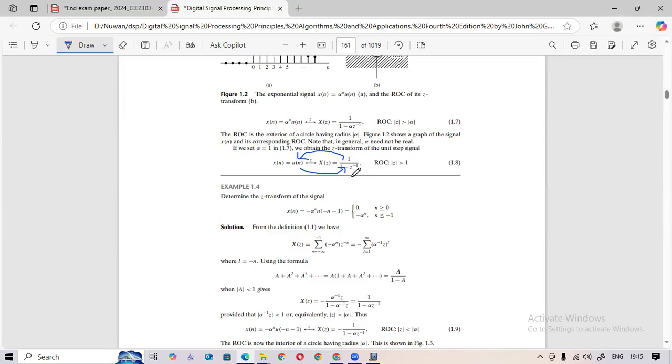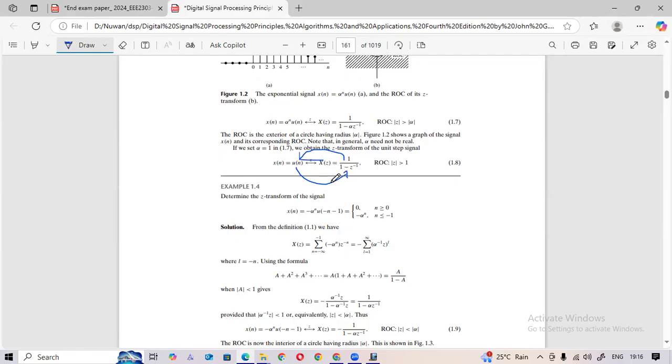So maybe you will have to use a direct method. For example, if you know the Fourier transform of u[n] is this one, and you are given this kind of one, maybe you can identify the inverse Fourier transform is u[n].